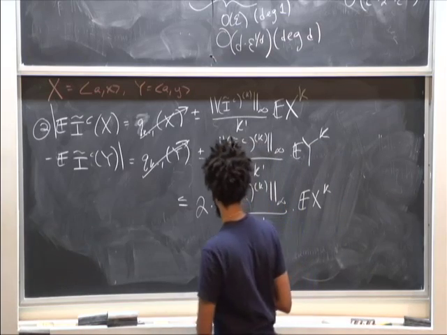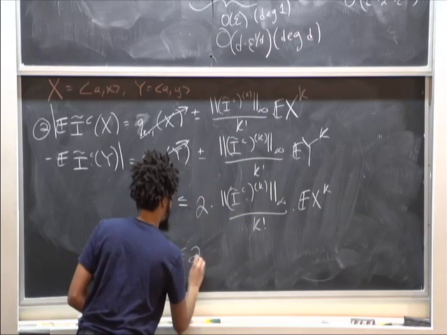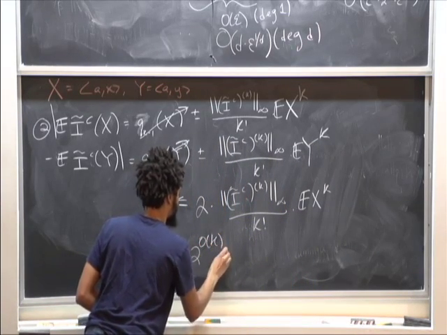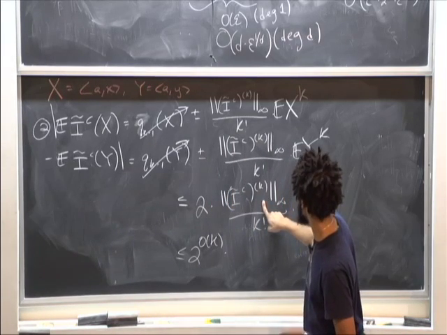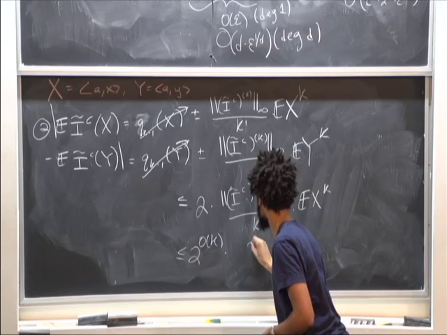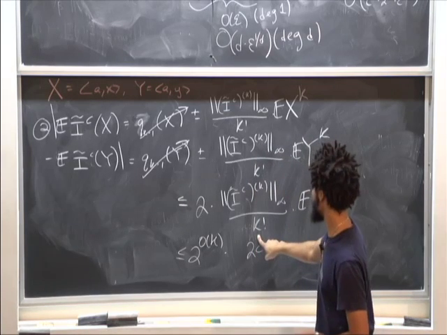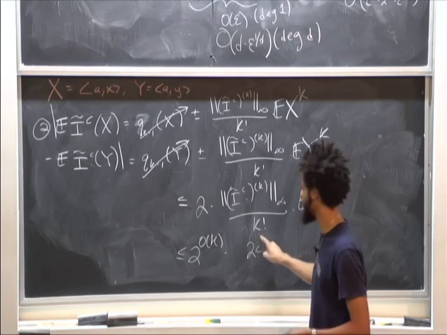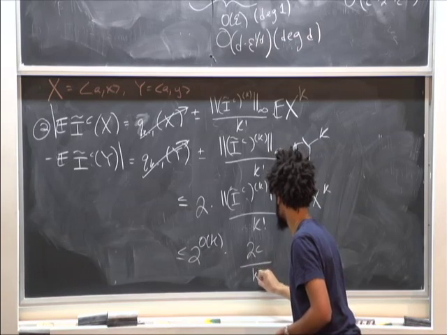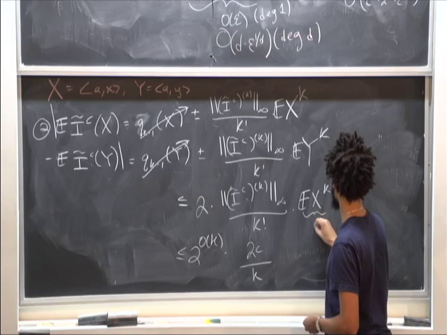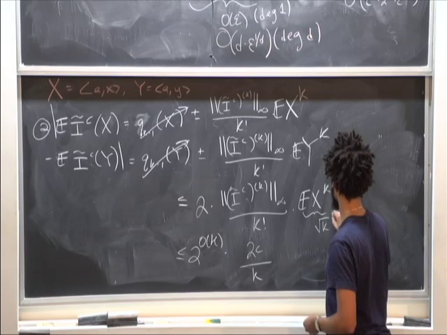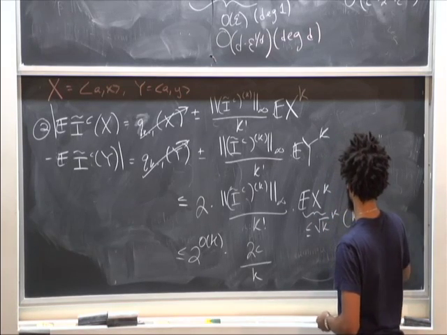And k factorial is basically k to the k. This is at most 2 to the o of k times. This thing is at most 2c to the k. This thing is like k to the k. This thing here is like root k to the k. That was Khinchin's inequality.